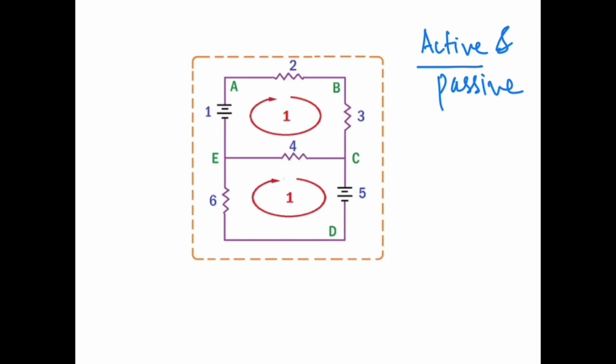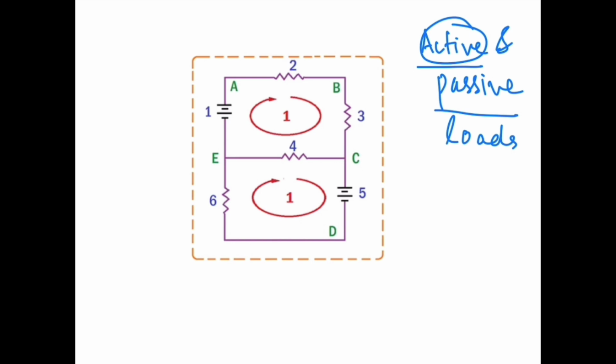The passive components are just passively present in the circuit and don't act as a voltage source. Examples are resistors, capacitors, and inductors. We can say passive components are loads and active components are sources. So nodes are points where two or more components connect together.